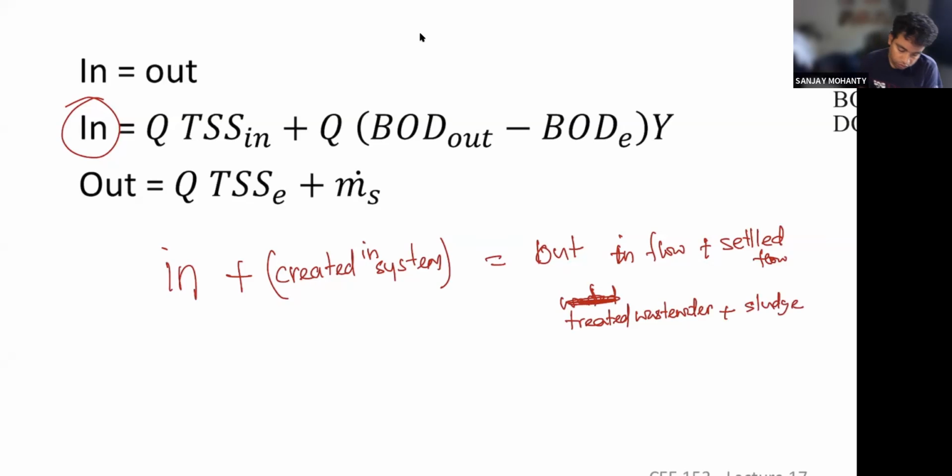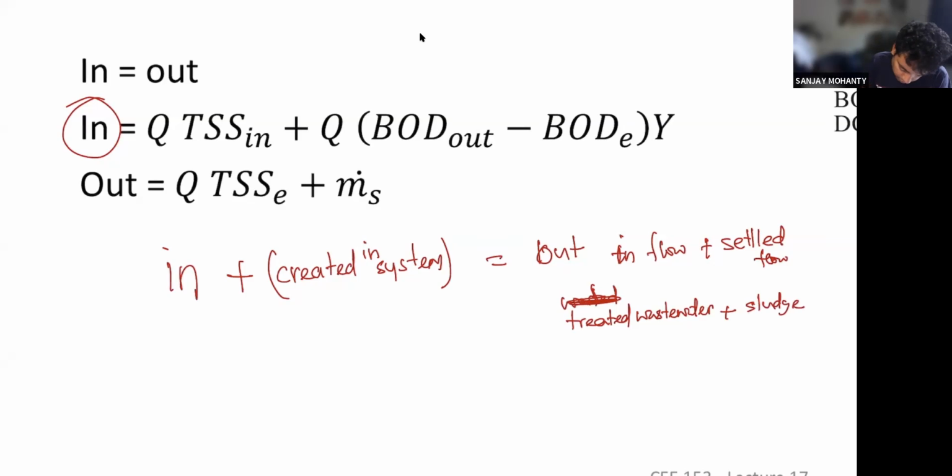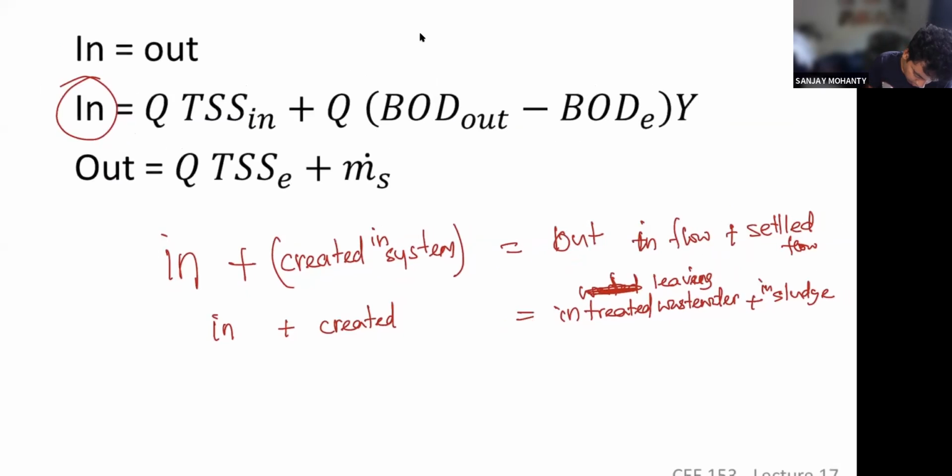So that means in plus created equals what is leaving in treated water and in sludge. So if you write it, what is coming in is basically Q times TSS in.